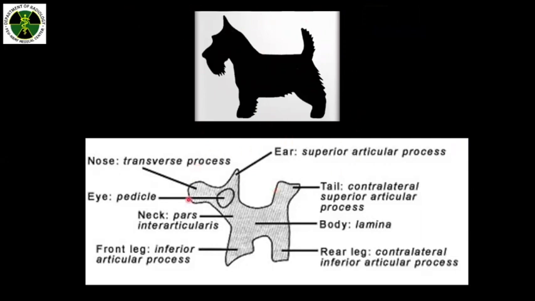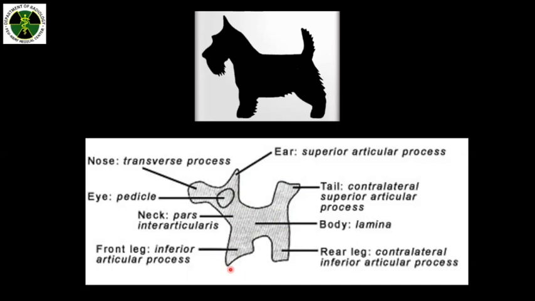This is called the Scotty dog of lumbar radiographs, with its nose being the transverse process, its ear the superior articular process, its eye the pedicle, its neck the pars interarticularis, its tail the contralateral superior articular process. The body is the lamina. The front leg is the inferior articular process, while the rear leg is the contralateral inferior articular process.